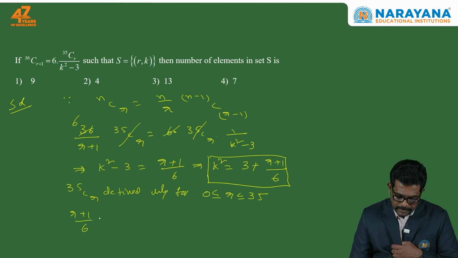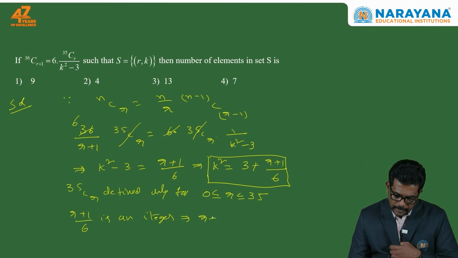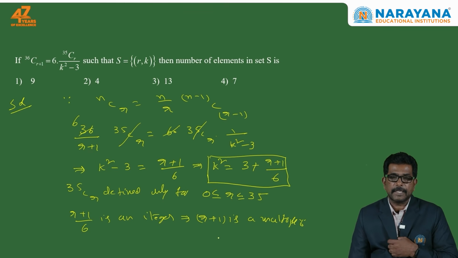When is it possible? When r plus 1 is a multiple of 6. Then (r plus 1) by 6 is an integer and k square is also an integer.